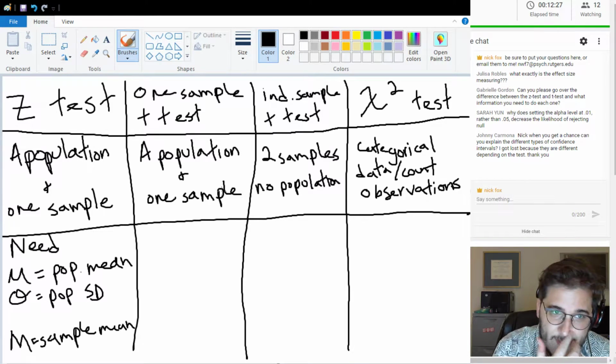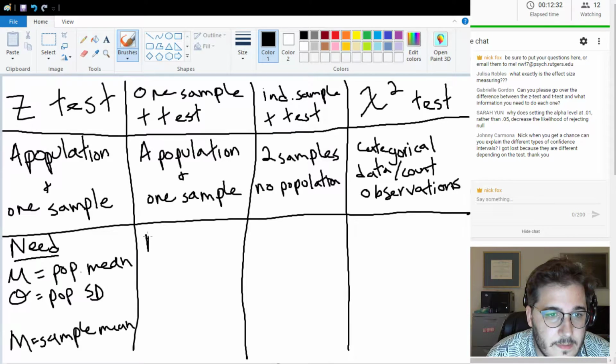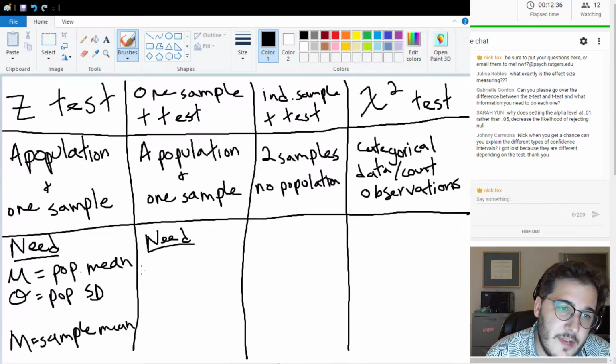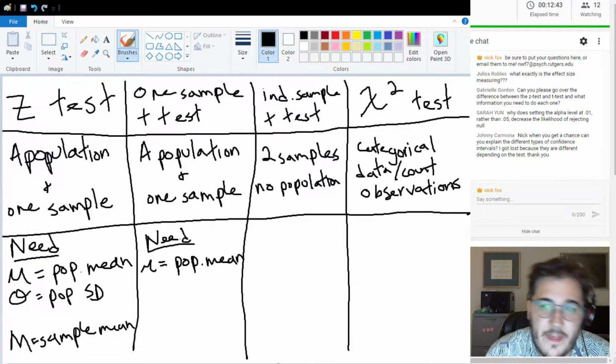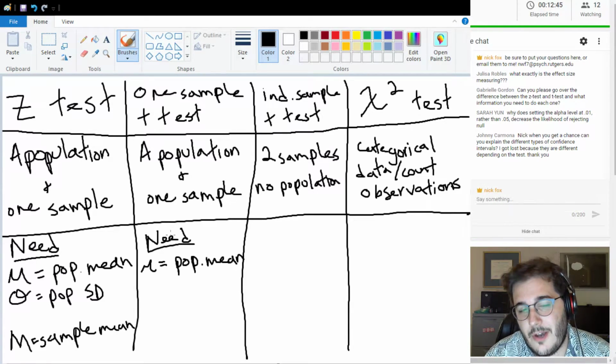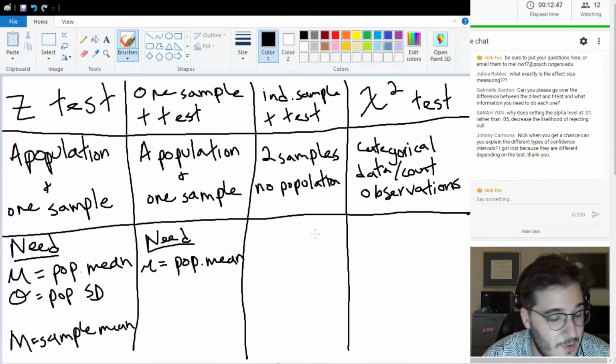For a one sample t-test, you need mu, which is the population mean, and then you don't need sigma. If you have mu and sigma, you want to use a z-test.